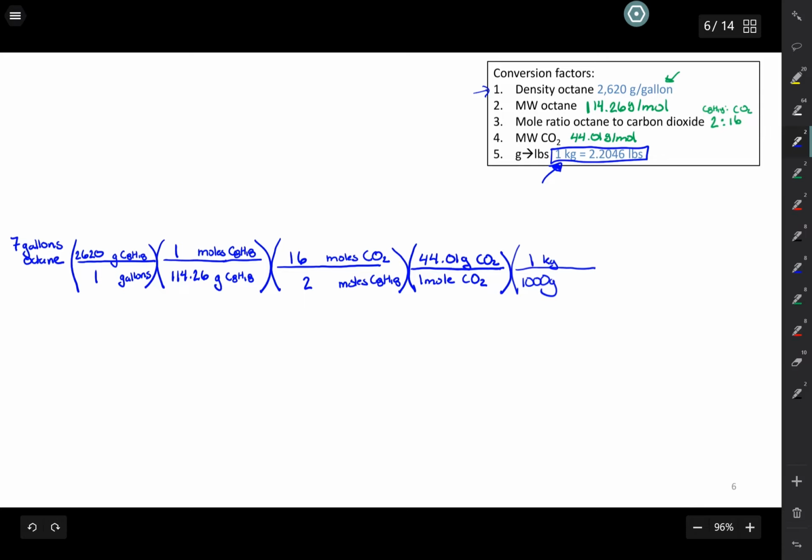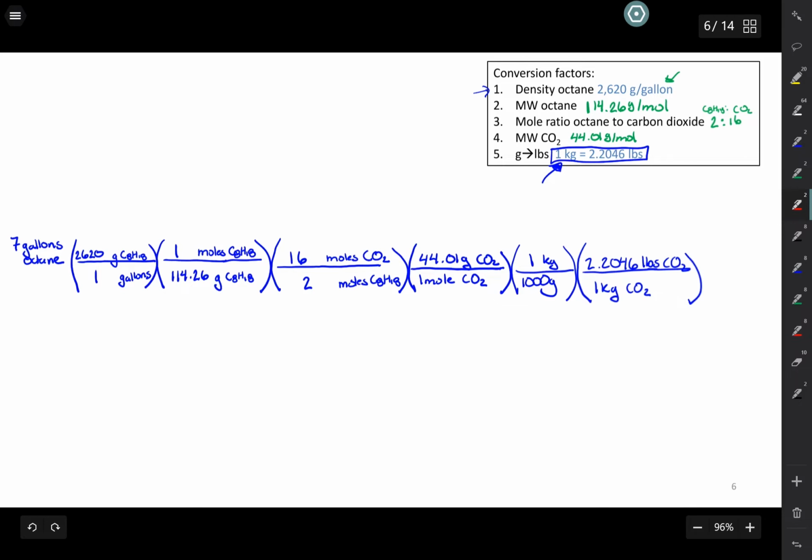So we'll just toss that quick extra step in there because I'm already going to pick up my calculator for this. Okay, and then the last thing is knowing that 1 kilogram of CO2 is equal to 2.2046 pounds of CO2.